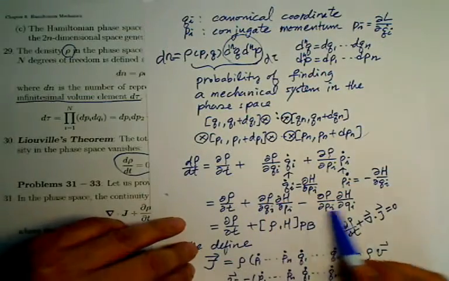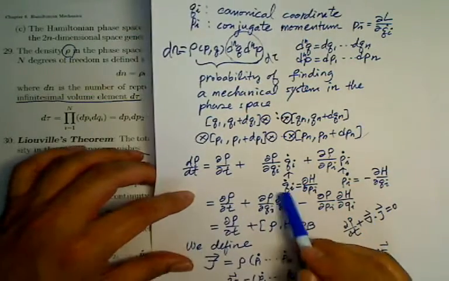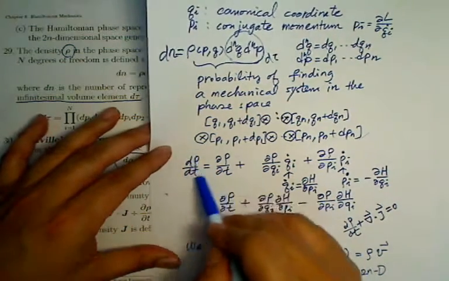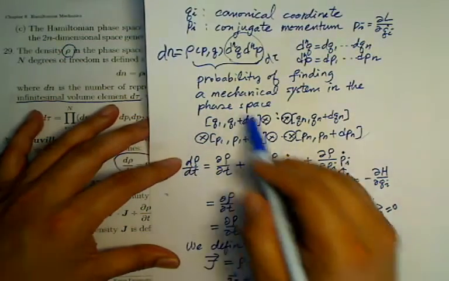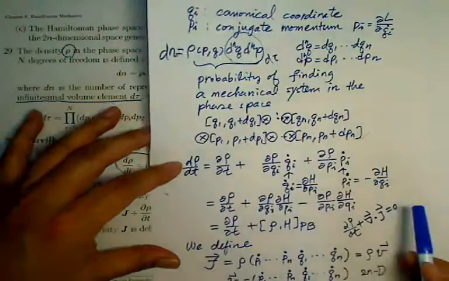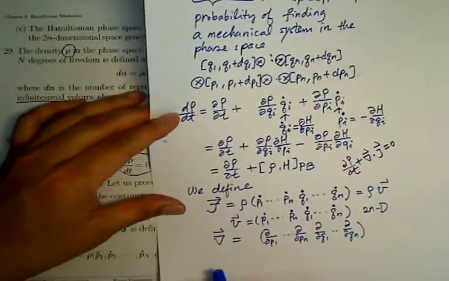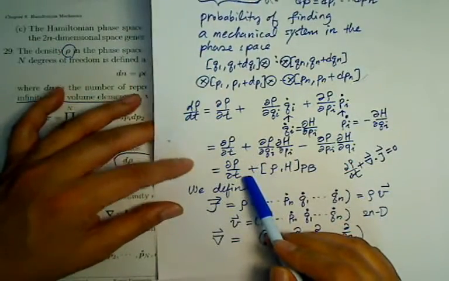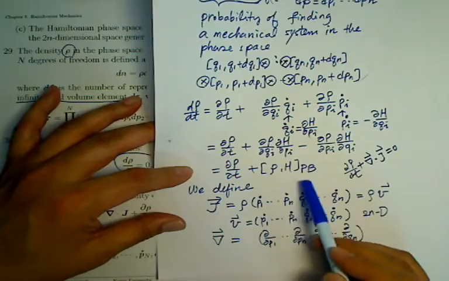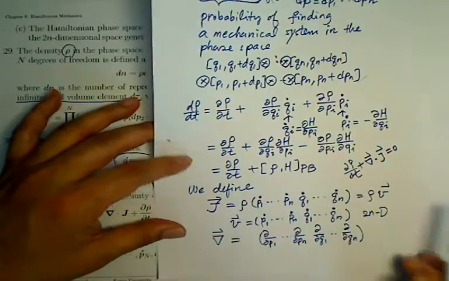Aha, this is the Poisson bracket of rho and H. The total time derivative of the probability density function is the partial time derivative plus the Poisson bracket of rho and the Hamiltonian.